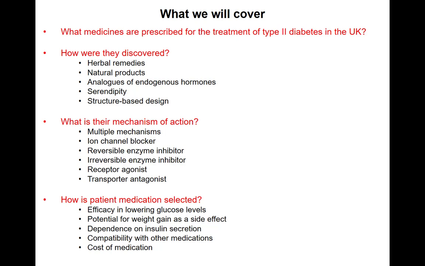You'll see examples of natural products that are being used, also examples of hormones that have been adapted, for example, to be used as drugs. And there's also cases where the drug has been discovered by accident and not through a rational drug discovery process.